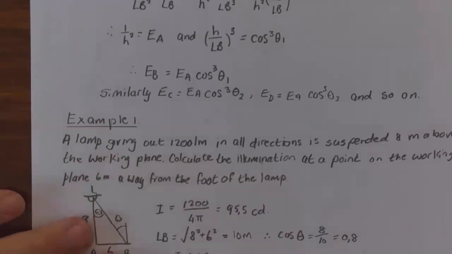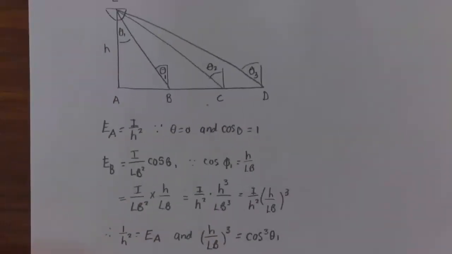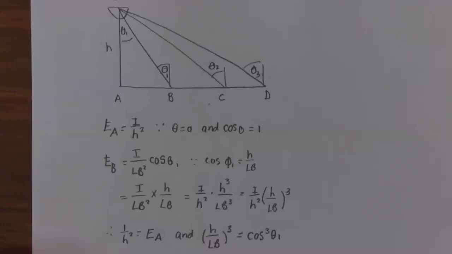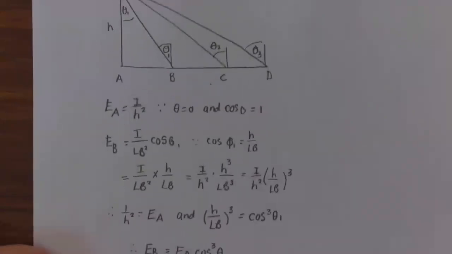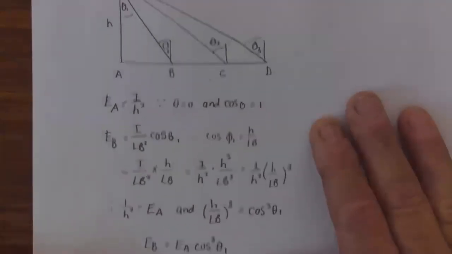Similarly, EC is EA cos cubed theta 2, and so on. Just look at that figure again, where theta 1, theta 2, and theta 3 are the angles of incidence on B, C, and D.